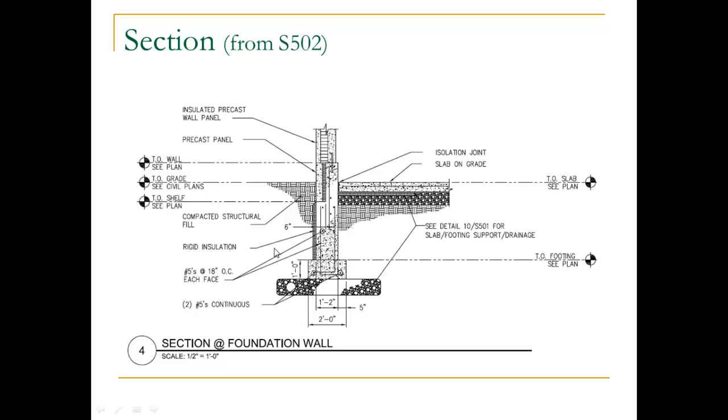And the dimension is 6 inches, it looks like, from the center line of the wall to the outside of the insulation. Again, this hatching refers to compacted structural fill. We have that compacted support drainage. We have a layer of insulation underneath this edge of the slab. We have insulation behind this piece of precast concrete panel, and then this is a precast insulated wall panel that goes up on the top.